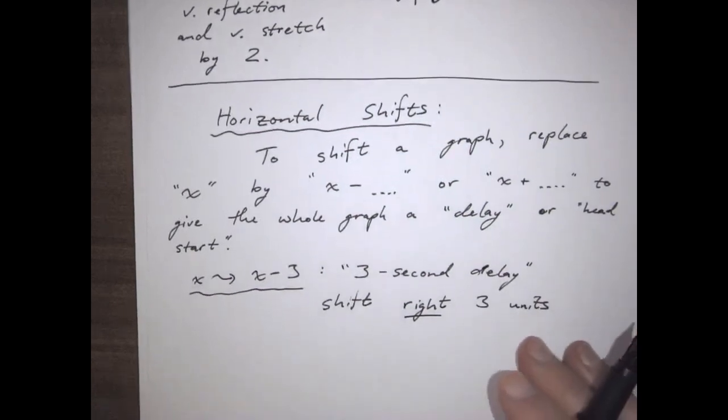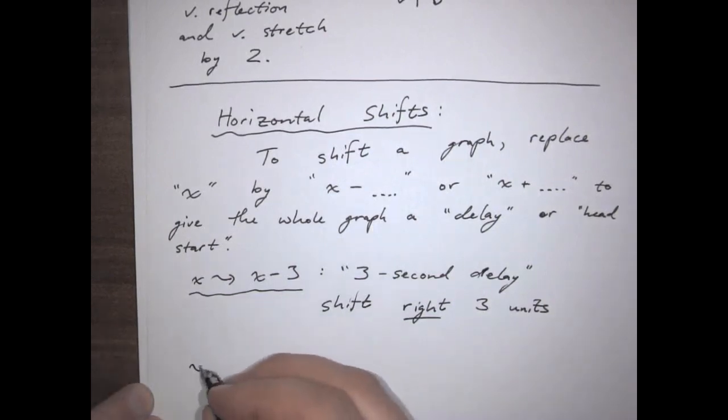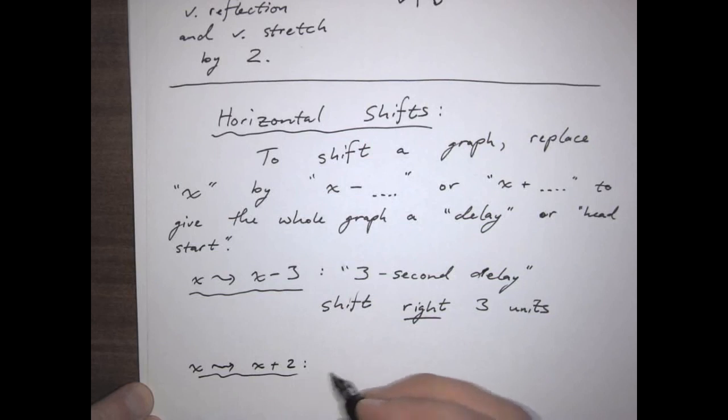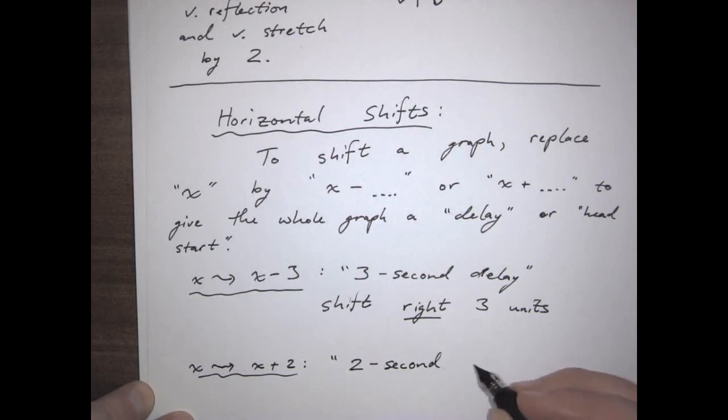So if the whole graph is getting shifted to the right 3 units, that means all of the values on the graph, their x coordinates, are on basically a 3-second delay. But if the x instead gets replaced by something like x plus 2, that would represent a 2-second head start.